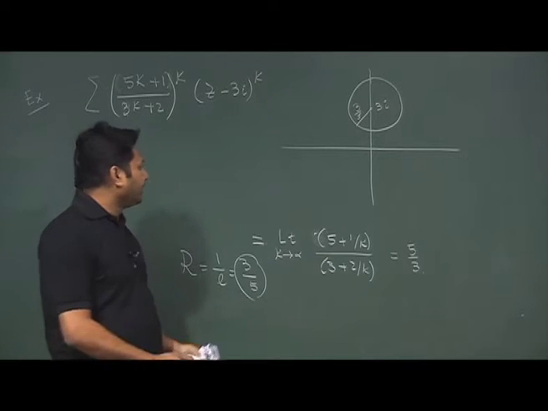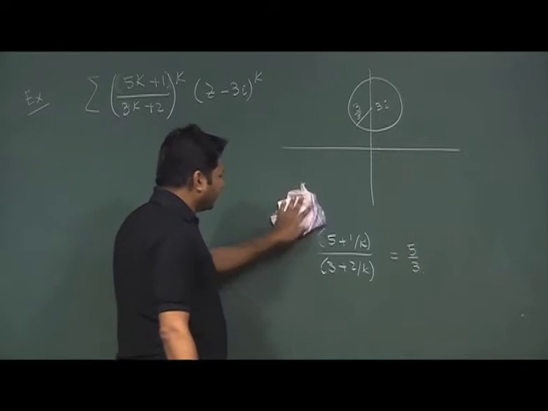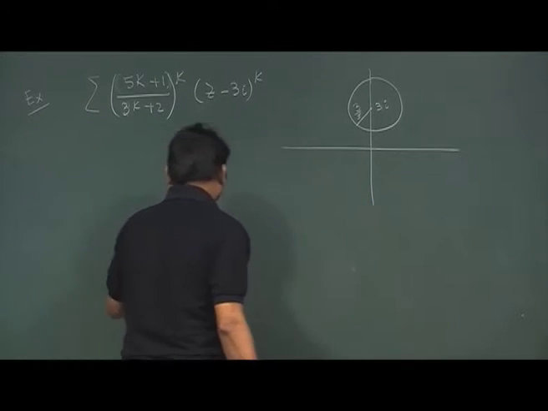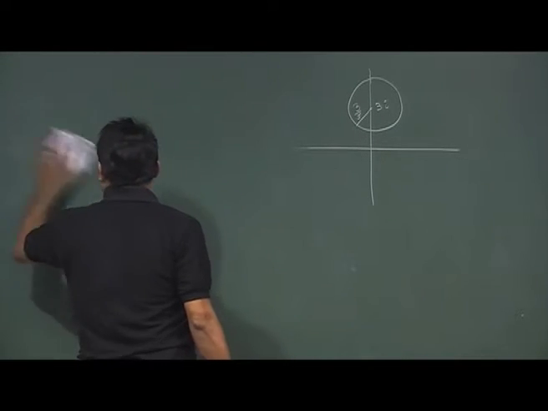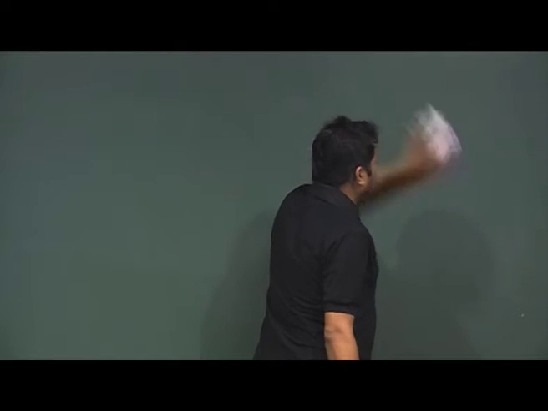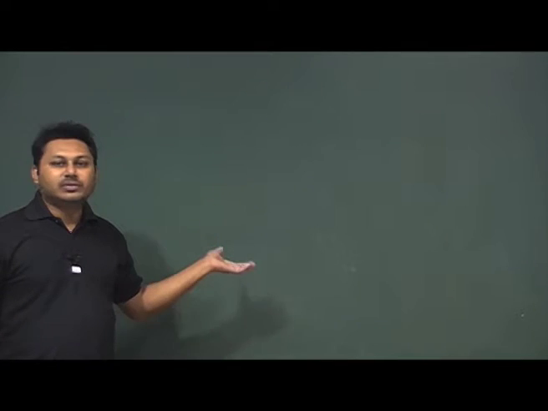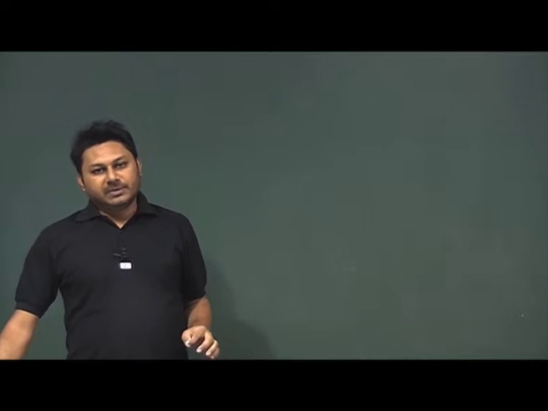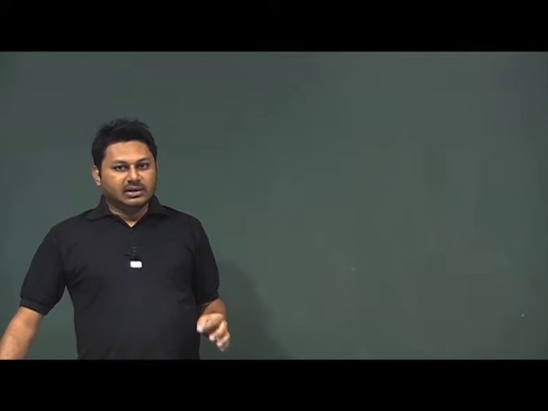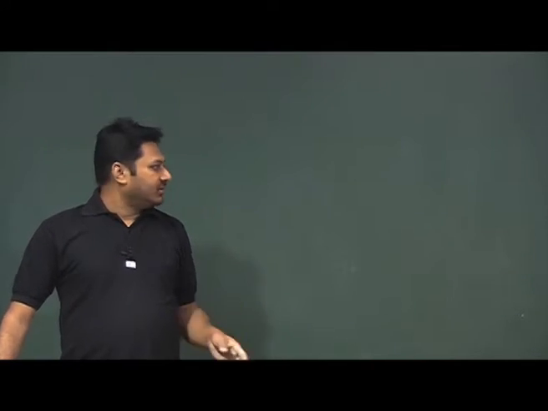So, this is one example where you can use the root test rather than the ratio test, just to show that in some problems you may need to apply the root test also. It is not necessary that you always apply the ratio test. The ratio test is convenient, and the way problems are given, normally we start with it, but the root test is another way to do that.